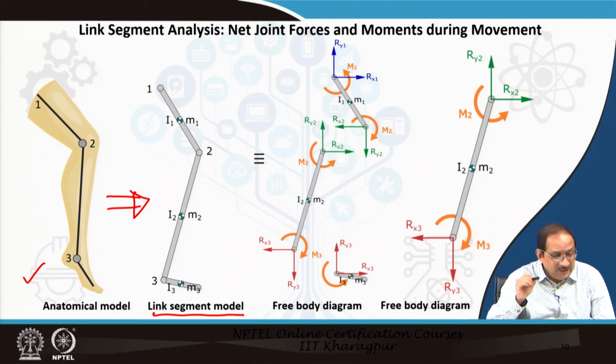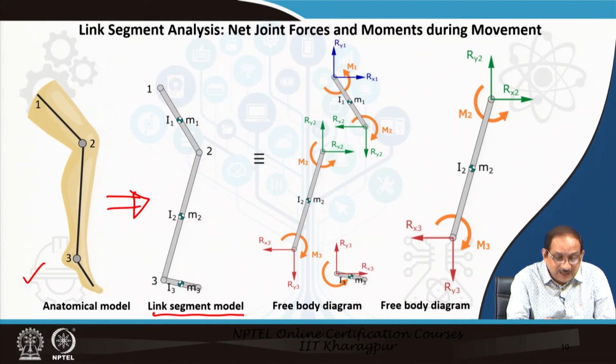Now, you can see that each segment in the whole link segment model is characterized by its mass and moment of inertia, say for the third I3 and M3. So, the mass is acting, or the weight is acting through the center of gravity of this link.